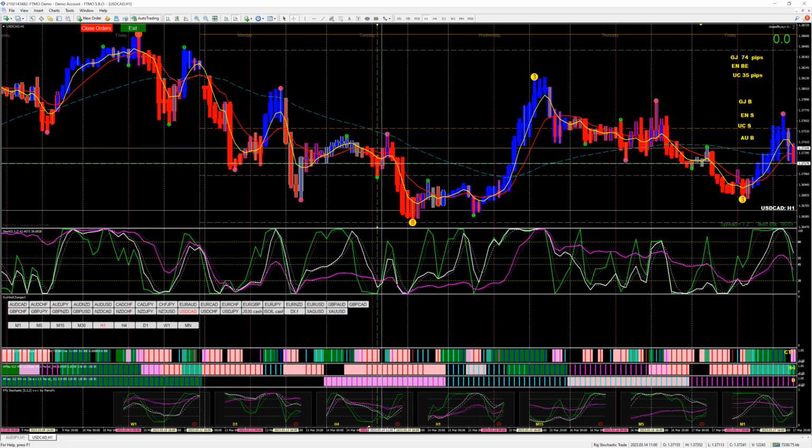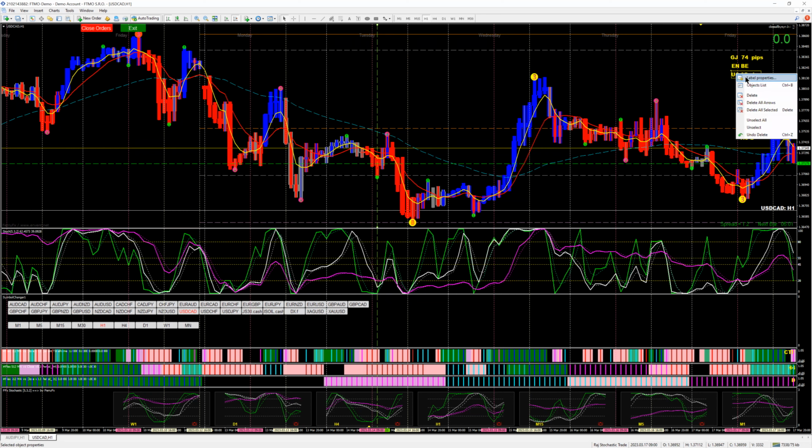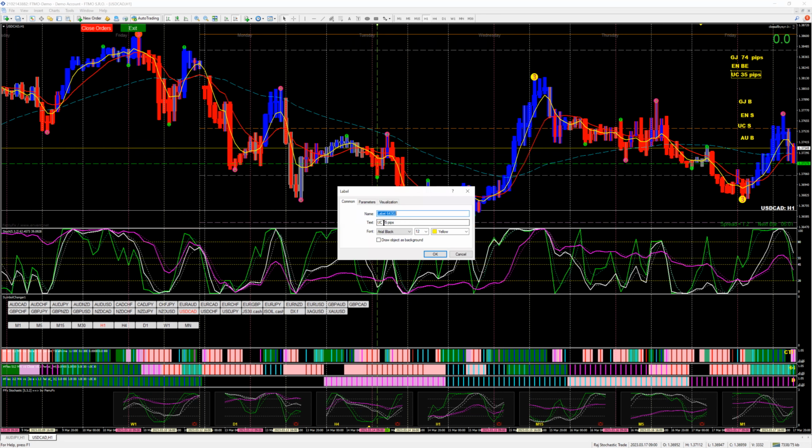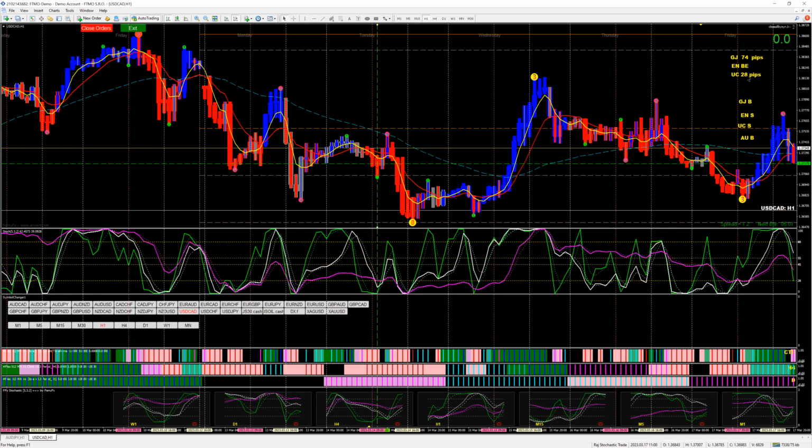So this loss could have been 33 pips and then another 61. So let's say it's 28 pips instead of 35. That's a net. Things will happen, right? Market will do what it needs to do. Still came out ahead.